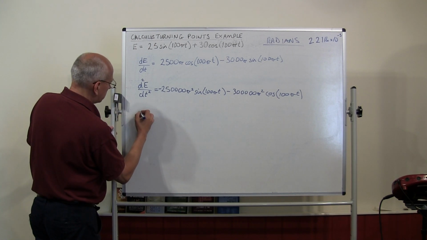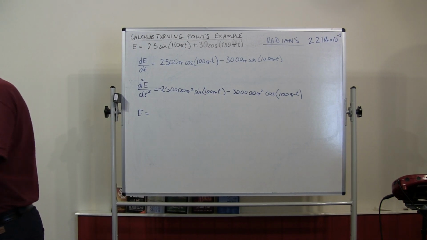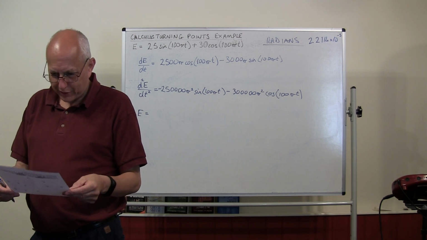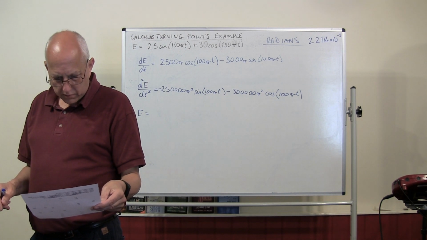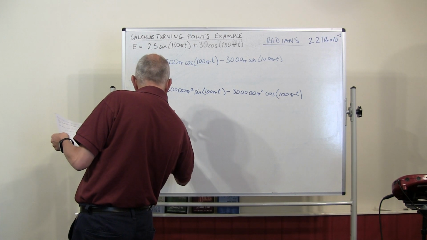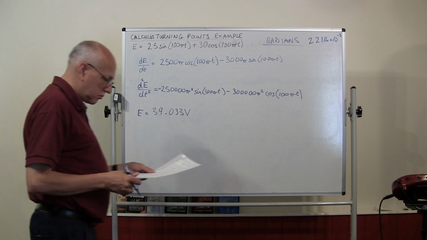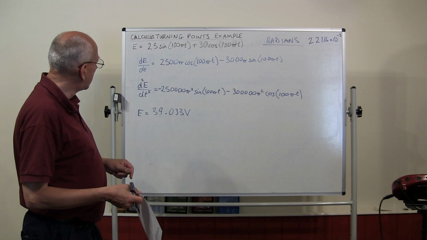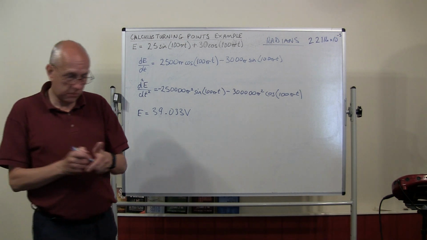And the answer to that is simply, when you use a calculator or Wolfram Alpha or something, we've got 39 volts. 39.033 volts, which is very reasonable. Seems very reasonable, there's nothing wrong with that. Okay? So that's that bit done. So that might be a question you might be asked.